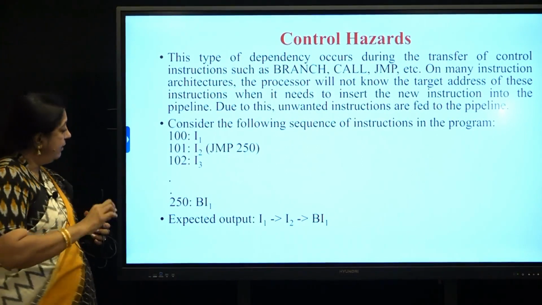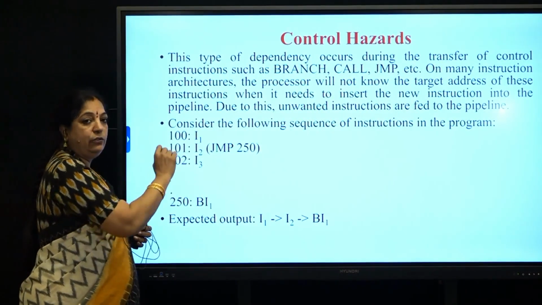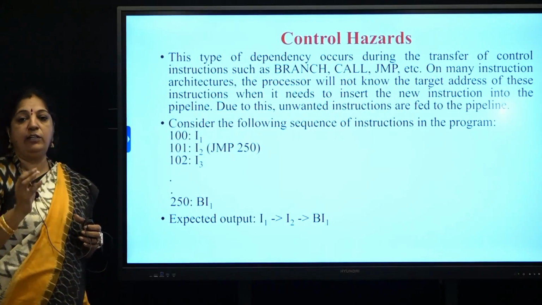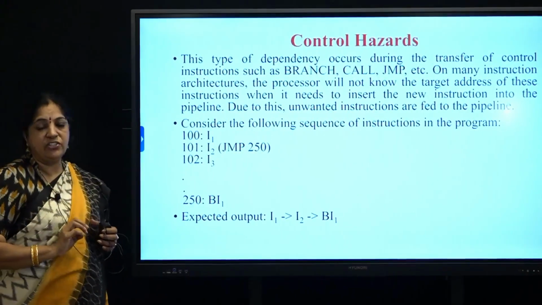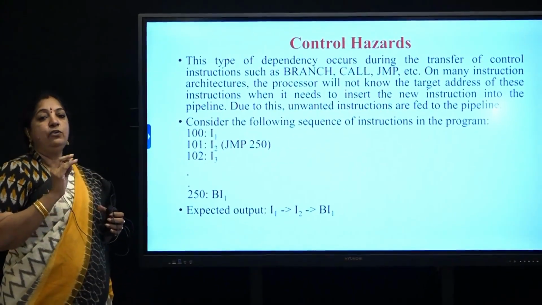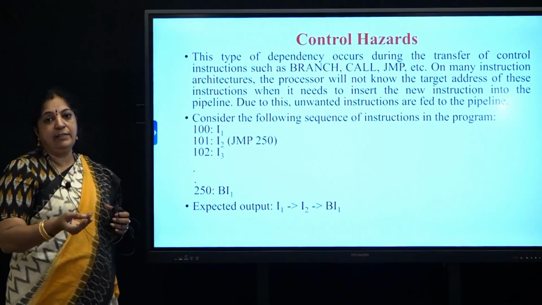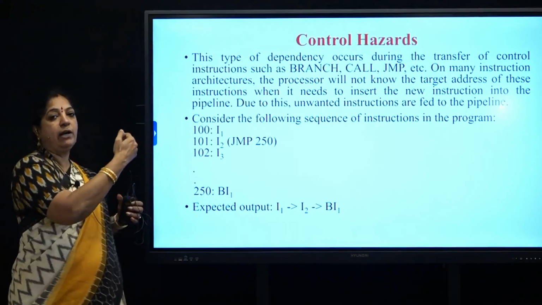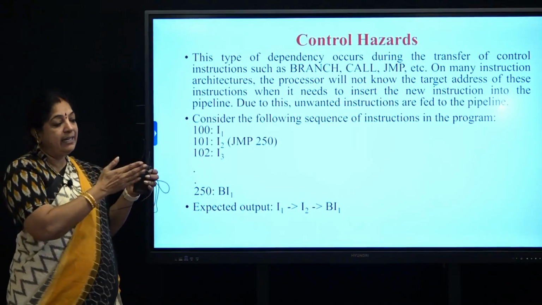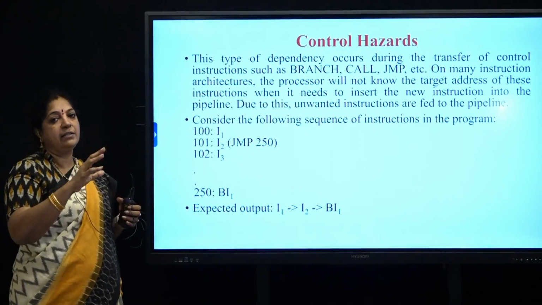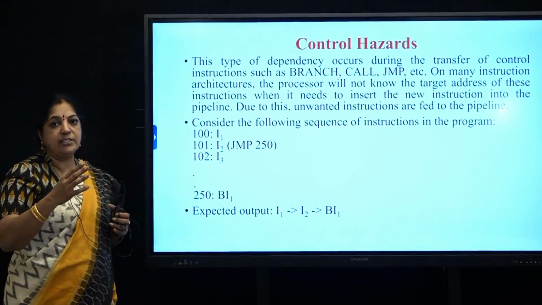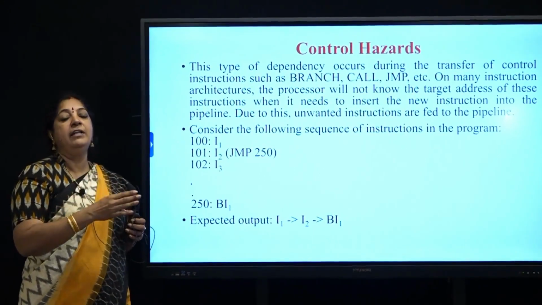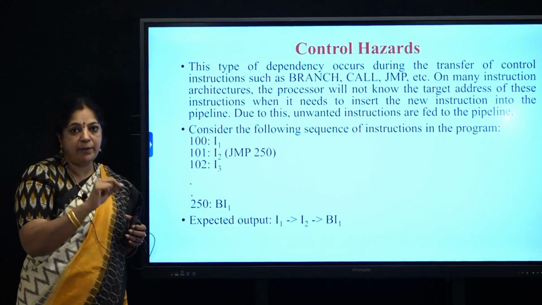That means till you decode it, you do not know that it is a branch instruction, and you do not know where it is to be taken. Meanwhile, as usual, the next instructions go through the next steps, and the sub-operations performed for them will be wasted, because this is a branch instruction.